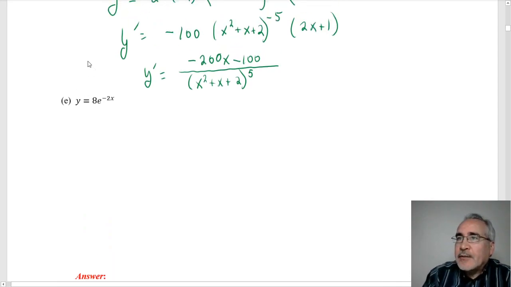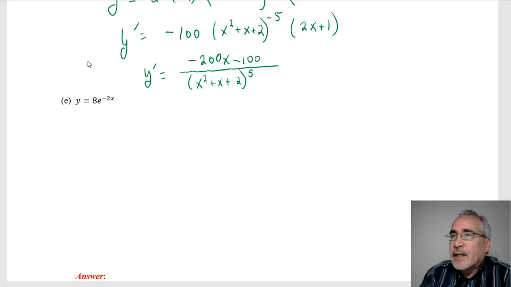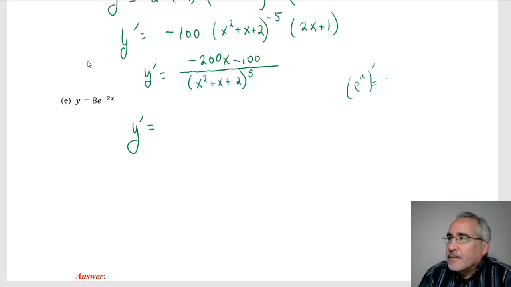So let's come to this last one here, and that will get us for the chain rule. Okay, so we take the derivative of y. So what we do is we take the derivative of e to a power, where the inside is really up in the exponent itself. So remember, e to the x, or say e to the u, when you take that derivative, it's e to the u, again with the chain rule, times the derivative of u.